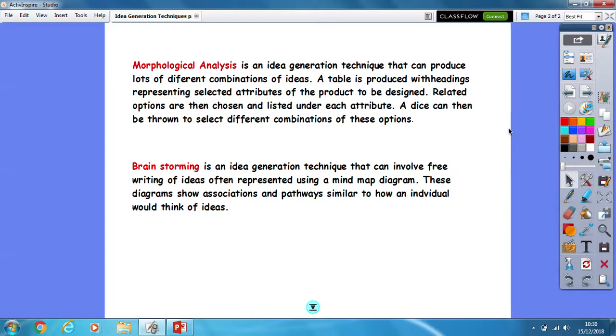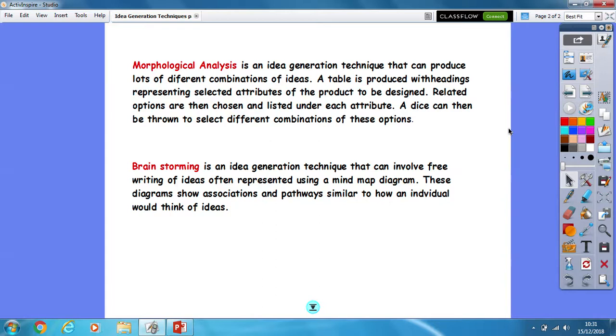Right, first of all, when you think of morphological analysis, try and think about what you did in your coursework, the folio that you produced in your course. Basically, the idea of morphological analysis is you identify attributes associated with a product, and then under these attribute headings, you would come up with a number of options.